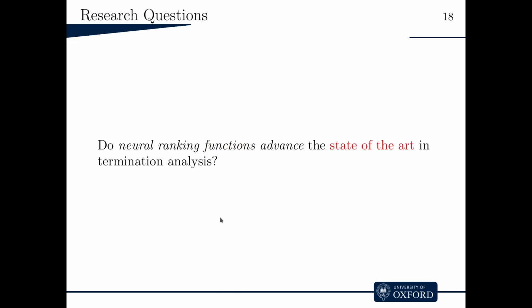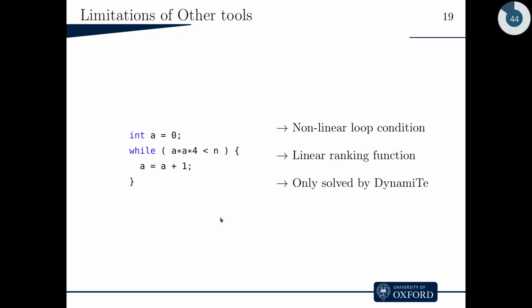The next question that we ask ourselves is whether neural ranking functions advance the state of the art in termination analysis. For that, we looked at problems such as the following, where we have a nonlinear loop condition or loop guard. However, the ranking function is indeed linear because the loop body, as you can see, only exhibits linear behavior. Such problems are actually solved by Dynamite. However, tools such as AProVE and Ultimate that translate this entire program into a different model of computation are unable to solve this problem.